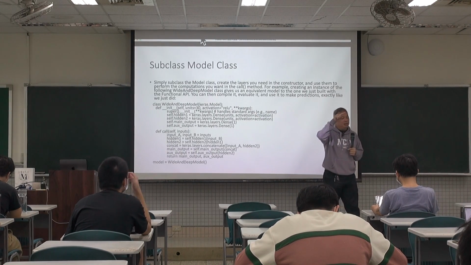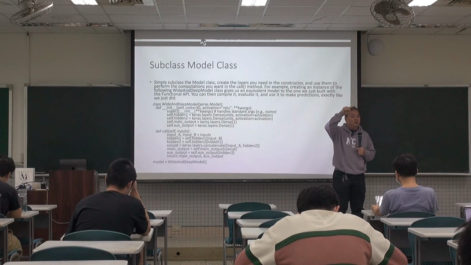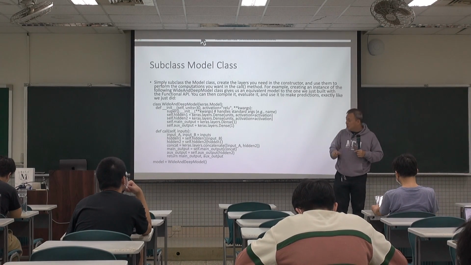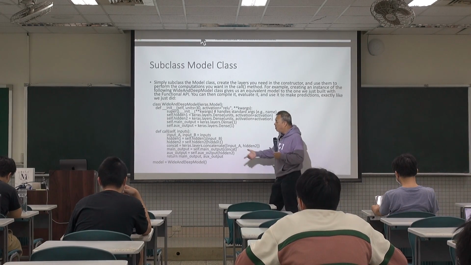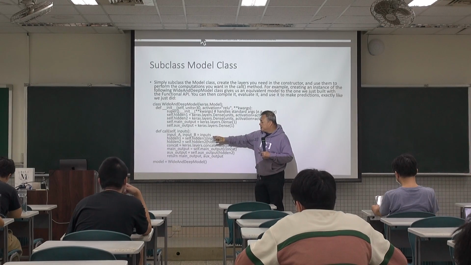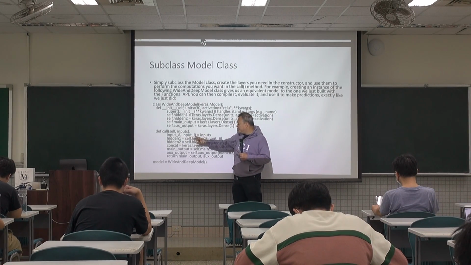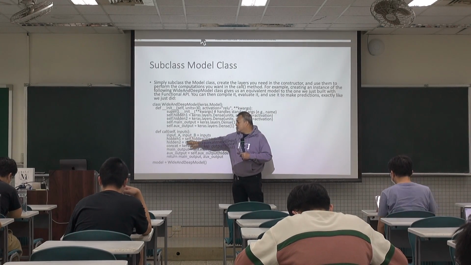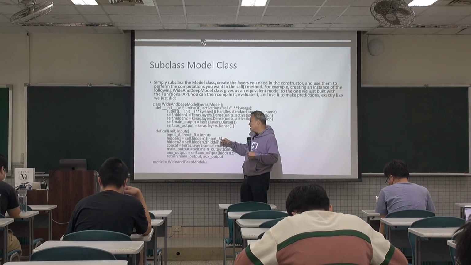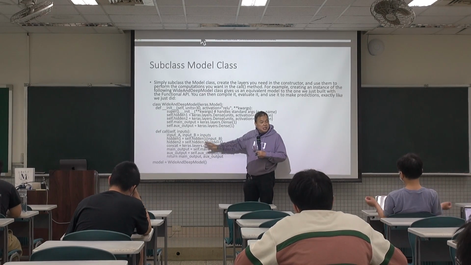But the relationship between these layers will not be specified until the call function. So you see, we have input A, input B as the inputs, and we have this hidden one, which uses input B. This part is similar to the functional API.